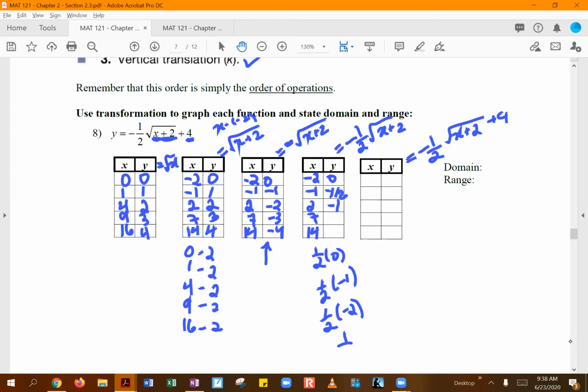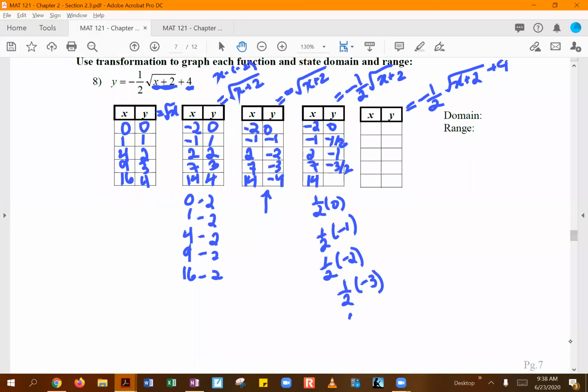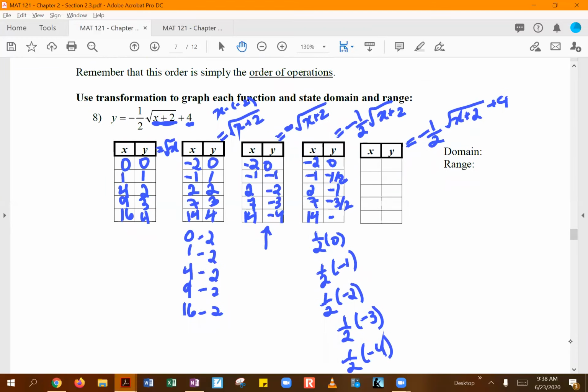Okay. 1/2 times -3 will of course give us -3/2, or basically 1.5. And then 1/2 times -4 will of course end up giving you -2.